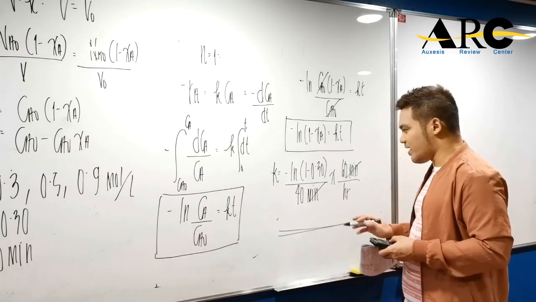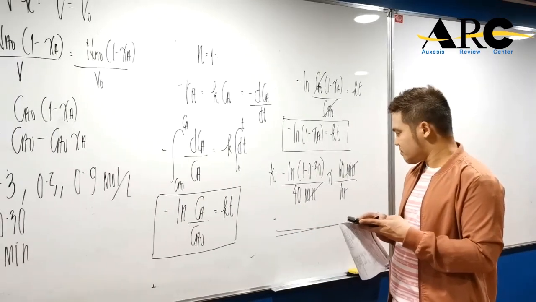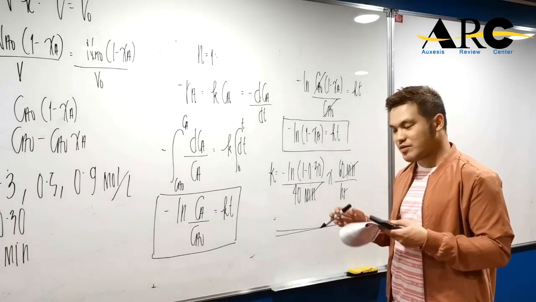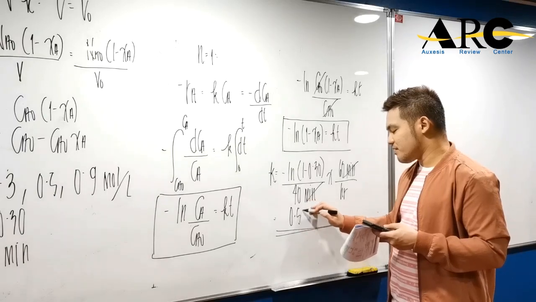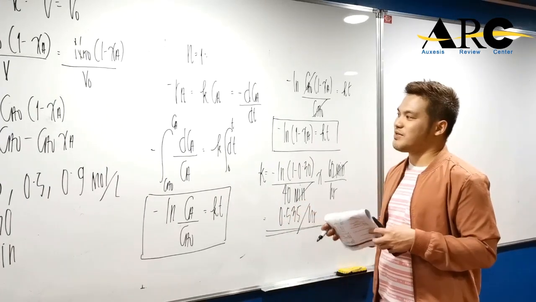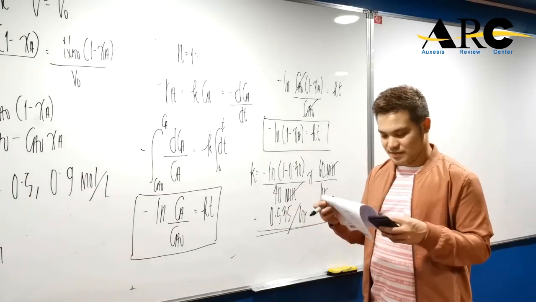Ilan ang makukuha nating value ng K? Ang makukuha nating value ng K is letter B, 0.535. So, naiintindihan ba? Ayan lang yung relationship ng time, ng concentration, and conversion.